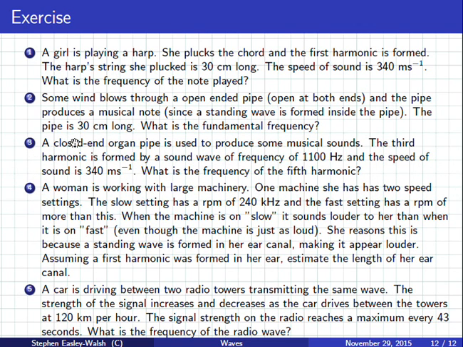Yeah, no, maybe I was right. Sorry, it's hard. Hang on, let me just draw a little wave here. Okay, I want to start here. Yeah, I want to finish on this one. There we go. That's what I want. And here is a node. So this one here is the second harmonic.